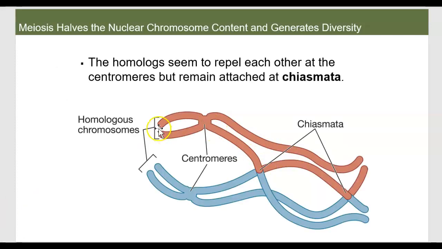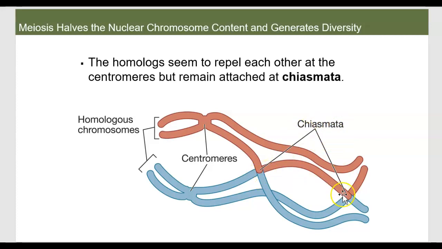The homologous is the red originally, and the blue, these are their homologous pairs with their sisters, with their copies, lined up. And then we have some exchange of DNA in these areas, which, in this part where there's a crossing, is called a chiasmata, because chiasm means to cross.